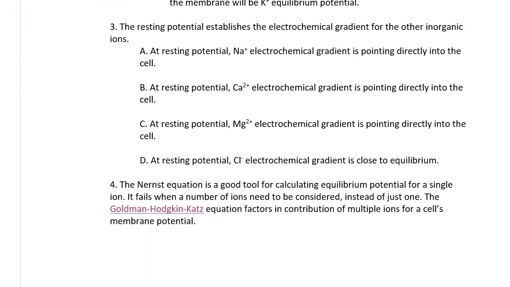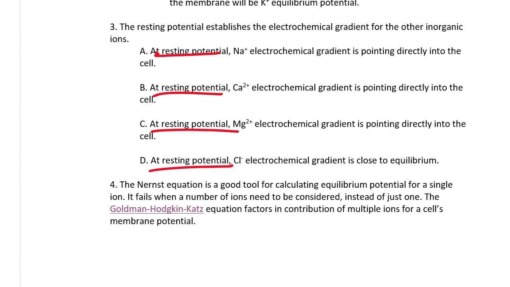The resting potential establishes the electrochemical gradient for the other inorganic ions. At resting potential, so very important before we go on, at resting potential, sodium's electrochemical gradient is pointing directly into the cell. At resting potential, calcium's electrochemical gradient is pointing directly into the cell.